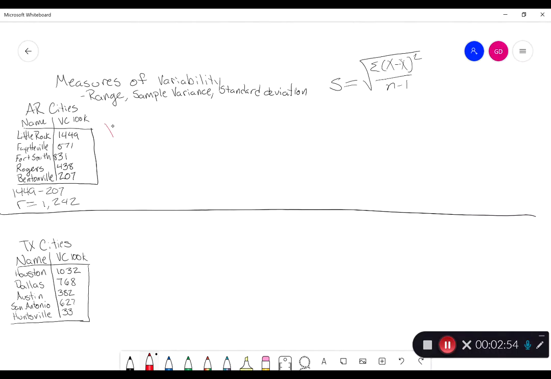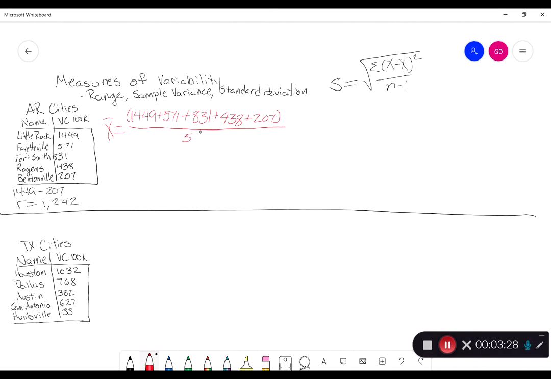So here for the mean, it's going to be 1,449 plus 571, plus 831, plus 438, plus 207. If you look these up on the Crime Data website, I did round these off to make it a bit easier on myself. There are tenths decimal places on it, so if you have questions, you can look at that and see what the actual one is. I just rounded to make it easier.